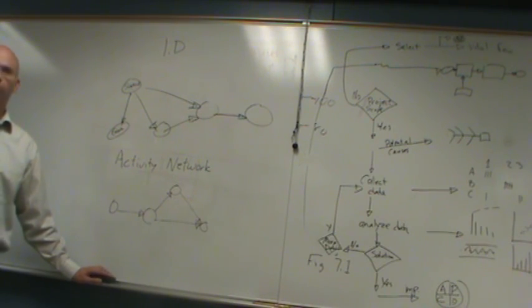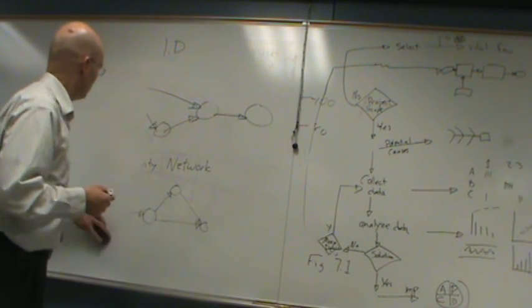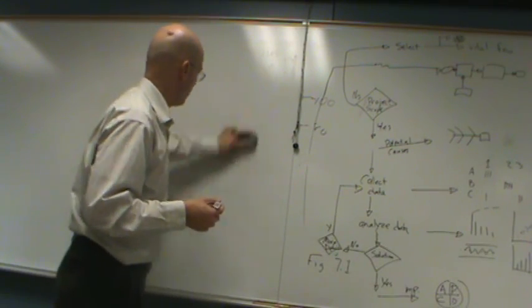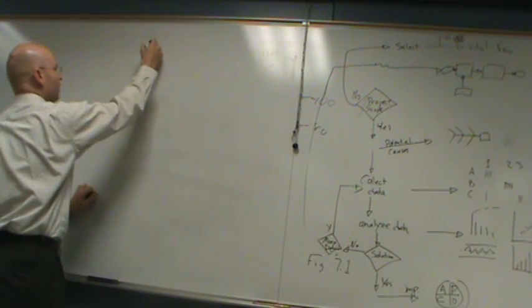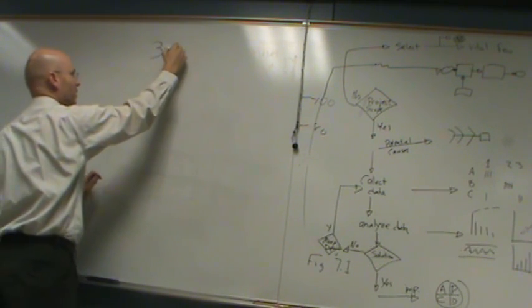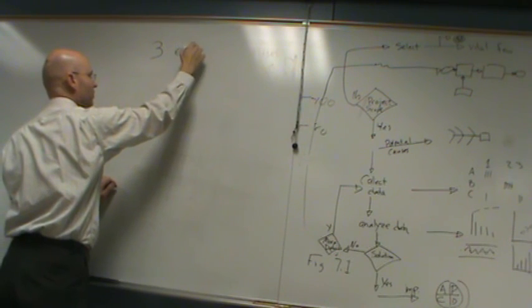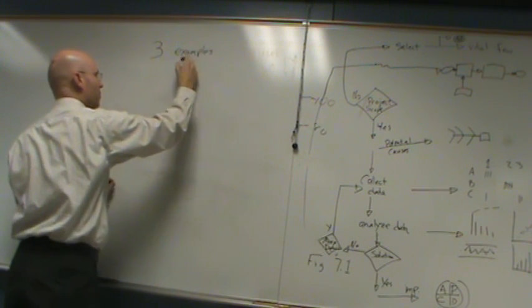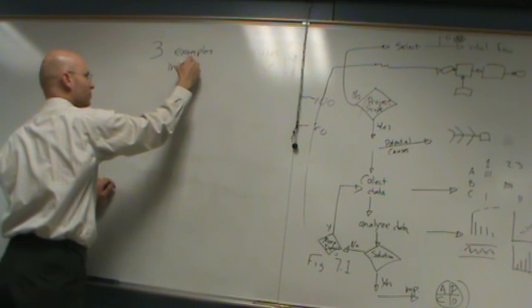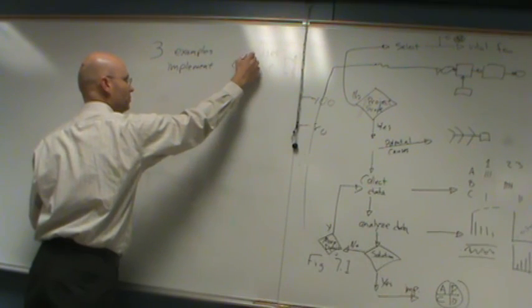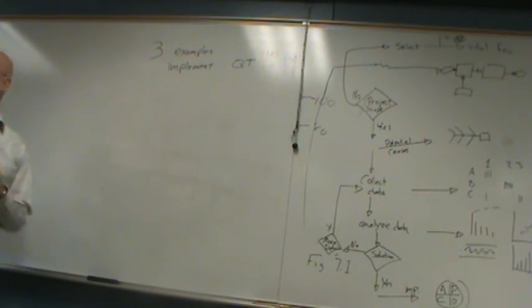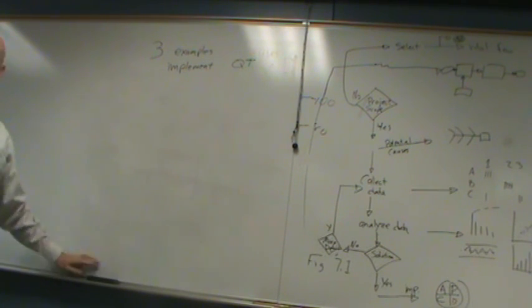And here's what I'd like you to do: let's say I'd like three examples or implementations of those seven quality tools. You can choose whichever three styles to do. Does that kind of make sense to everybody?